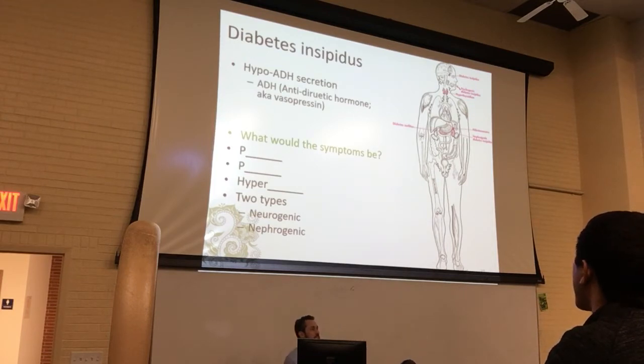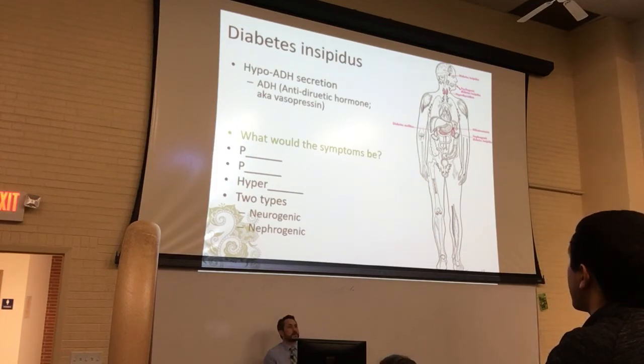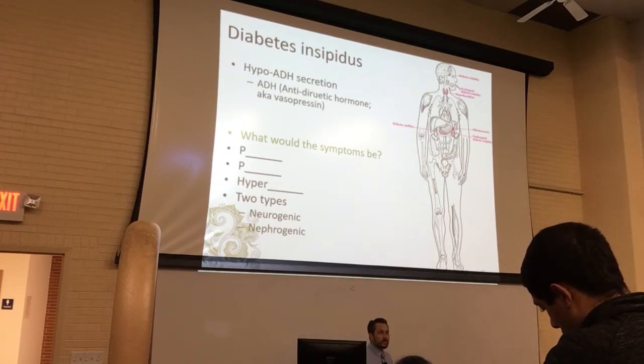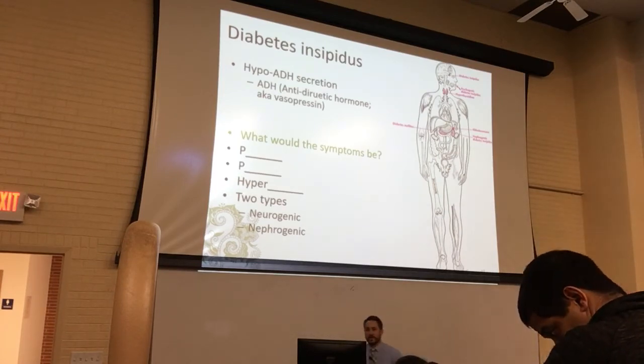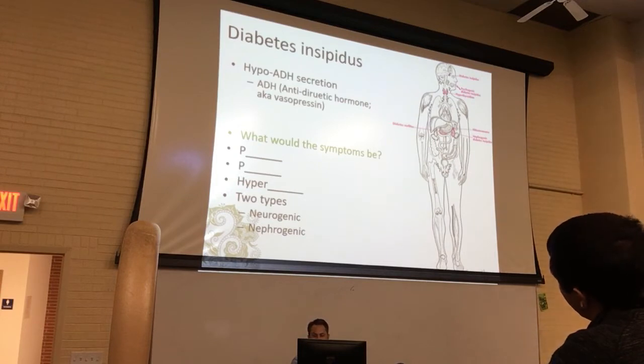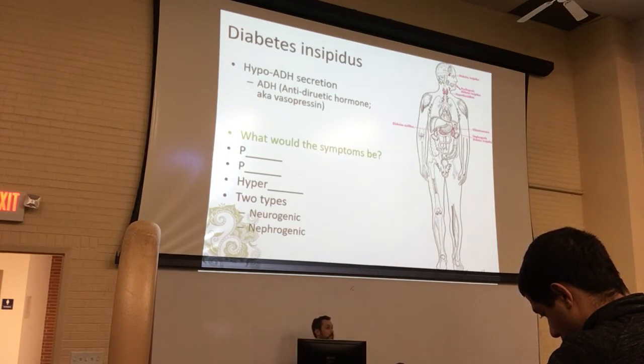With diabetes insipidus, there's undersecretion of ADH, or vasopressin. ADH is antidiuretic hormone, and it has activity on the kidneys and helps to conserve water. So now, if you don't conserve water, you lose it at the level of the kidneys, and you pee it out.